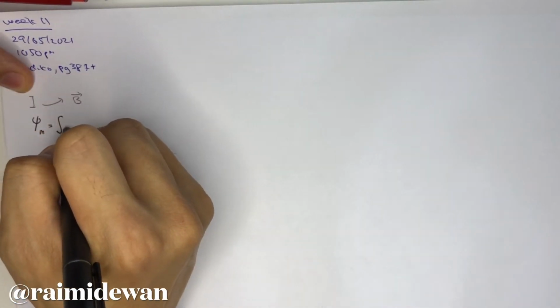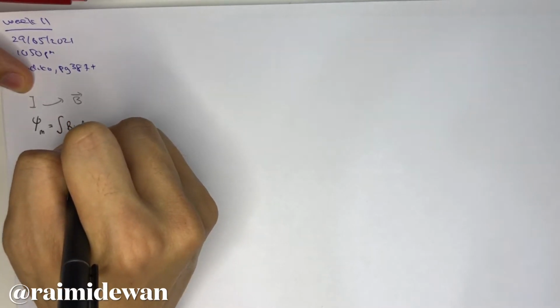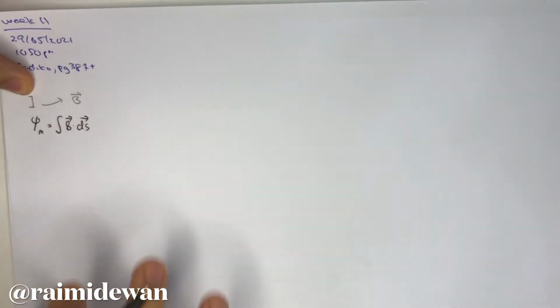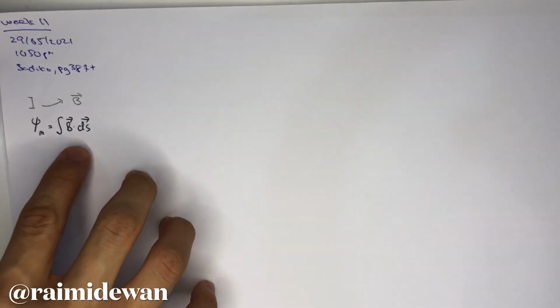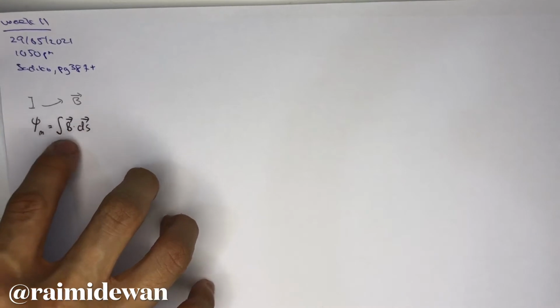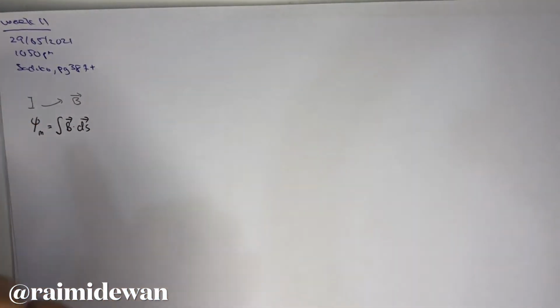We know that it is the dot product of B and dS, passing through each turn of the circuit, like a closed flux.